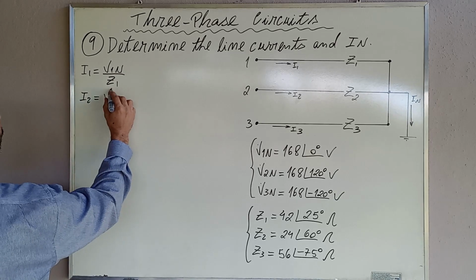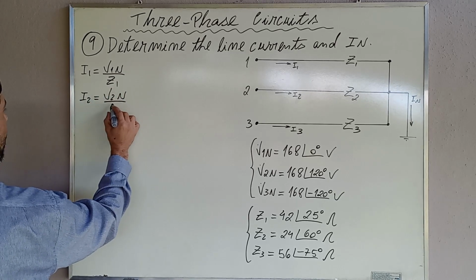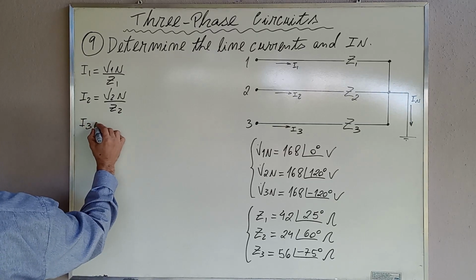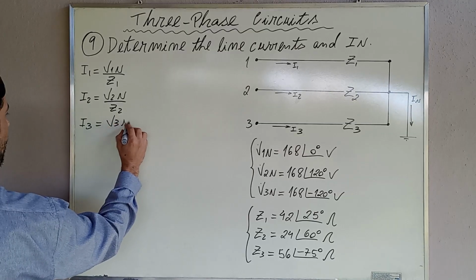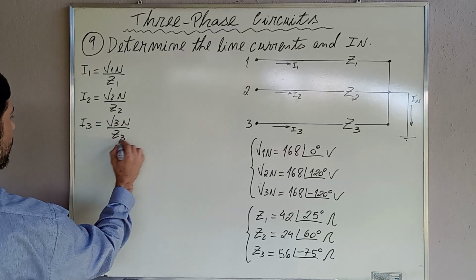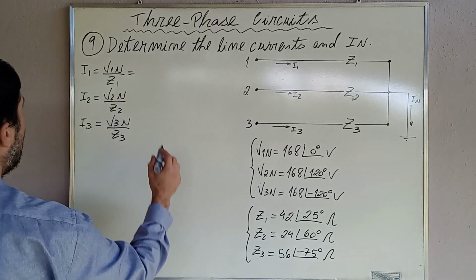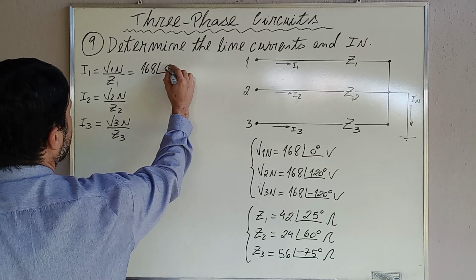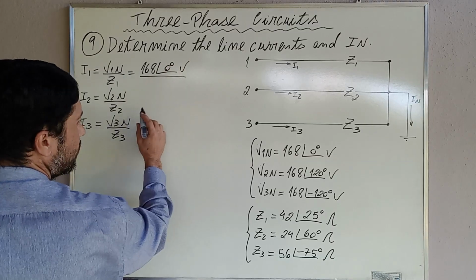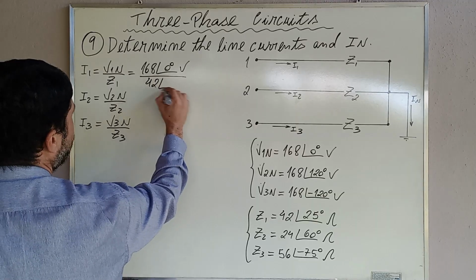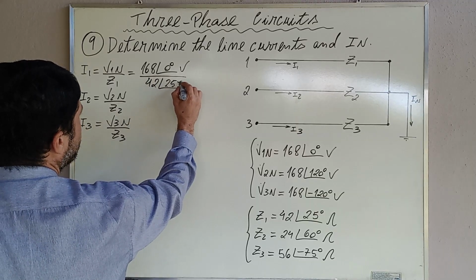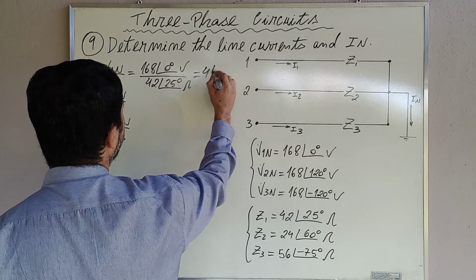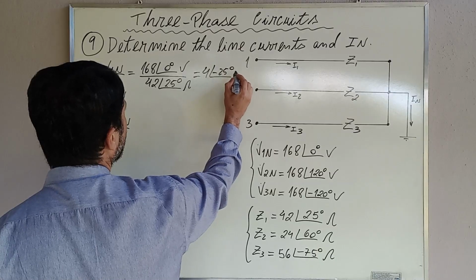I2 is equal to V2N divided by Z2, and likewise I3 is equal to V3N divided by Z3. In this way, I1 is equal to 168 phase 0 degrees volts divided by 42 phase 25 degrees ohms, and this is equal to 4 phase negative 25 degrees amps.